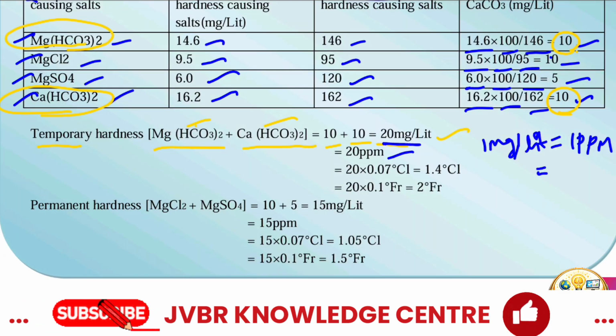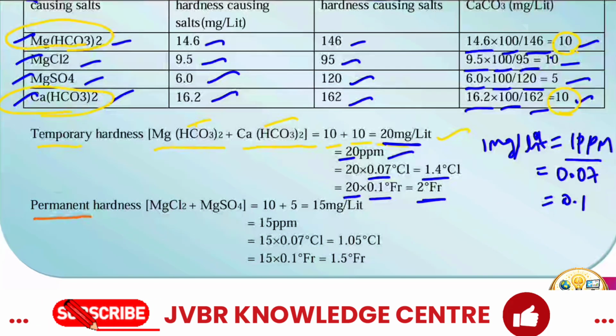1 ppm is equal to 0.07 Clarke's degree. So 20 into 0.07 Clarke's degree, we will get 1.4 Clarke's degree, and then convert into French degree. 1 ppm is equal to 0.1 French degree. So 20 into 0.1 French degree is equal to 2 French degree.